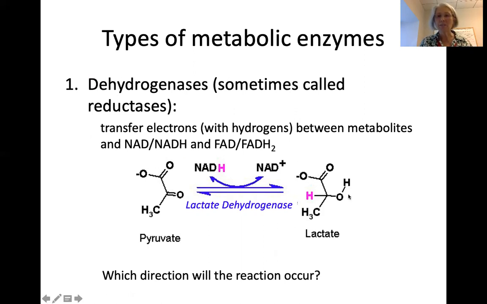If there are just some cells in the body that become oxygen deprived, this can happen during vigorous exercise. For example, our muscles, we can push them beyond the oxygen capacity and the muscles will release lactate into the blood. Then cells with plenty of oxygen, such as the liver, can take up the lactate, and in the liver, there'll be plenty of NAD+. Hepatocytes can convert lactate back to pyruvate, producing NADH.